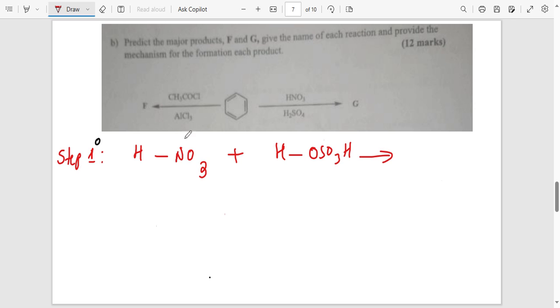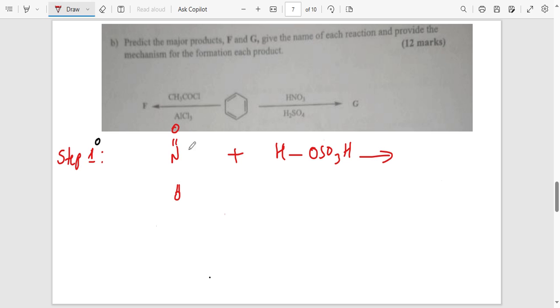So in the first step, this nitrogen acts as a good nucleophile. Let me write this molecule properly so that we see how the structure is going to be. Nitric acid itself, we have got a nitrogen, and this nitrogen is bonded to oxygen by a double bond, and then it's bonded to another oxygen, like that.